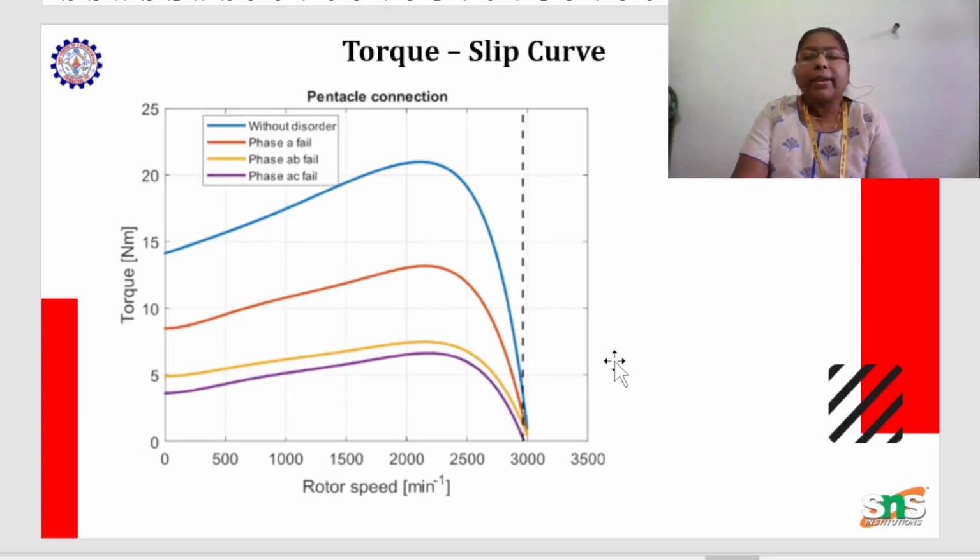In the case of pentacle connection, it gives a very high torque compared to the other two methods. And here also, when there is one phase absent, the torque is going to be quite higher than the other two methods. Pentacle connection is normally preferred for high propulsion units.